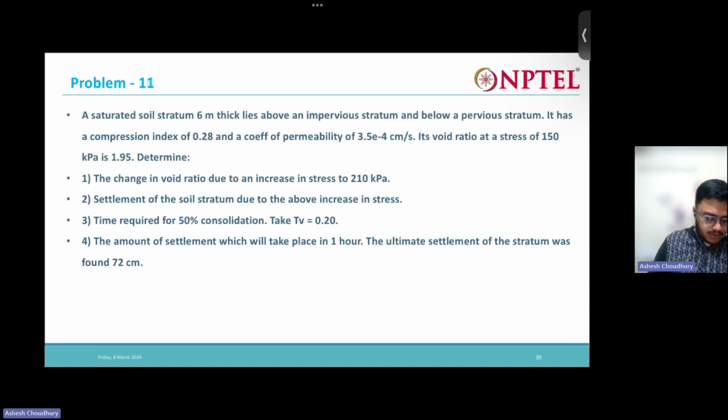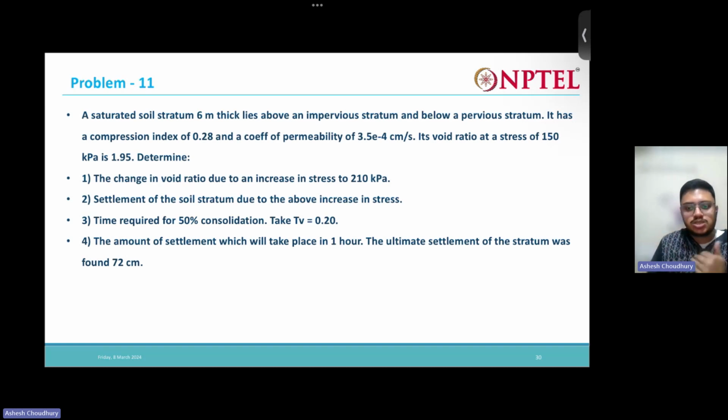Let us go to the next problem. A saturated soil stratum 6 meter thick lies above an impervious stratum and below a pervious stratum. It has a compression index of 0.28 and a coefficient of permeability of 3.5 × 10⁻⁴ centimeter per second.